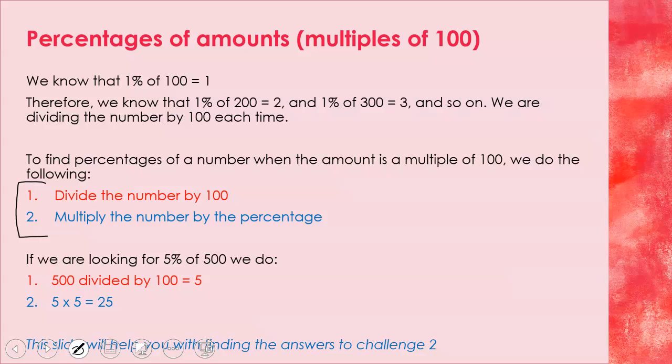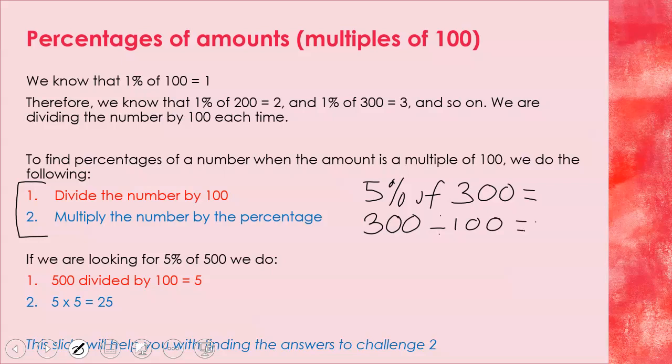So let's have a look at one together. I might be asked to find 5% of 300. Now, step 1, I take the number 300 and divide it by 100. 300 divided by 100 is 3.